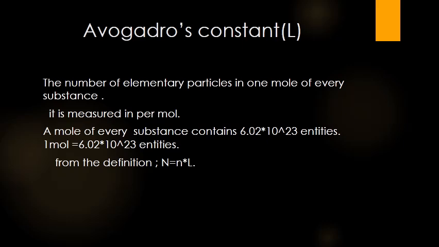This statement means that, let's say we take 1 mole of sugar. In that 1 mole of sugar, we have 6.02 times 10 exponent 23 entities or particles. Entities can be called particles; that's why in other books they call them particles. But here my main thing will be on either particle or entities.